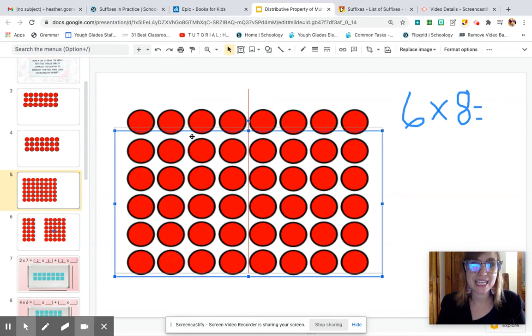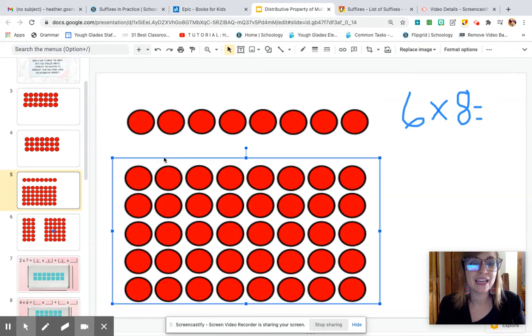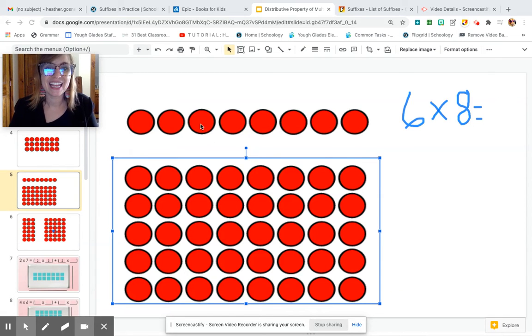So this is the same array, and you could pull 5, because I know I have 6 rows, and I know my 5s really well. I can pull that array. I could pull 5 rows apart.